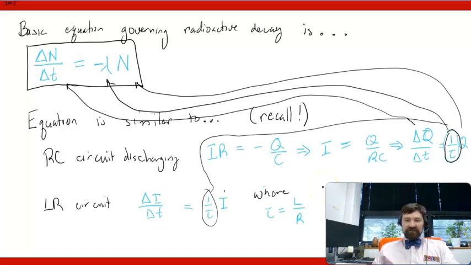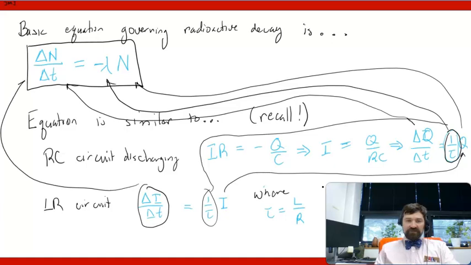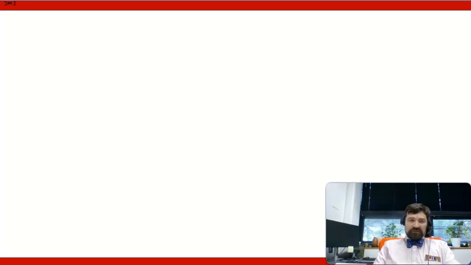We have an I which is similar to Q, which is similar to N. We had a delta I over delta N, which is similar to delta N over delta T. So therefore we expect our solution here to be similar as well.